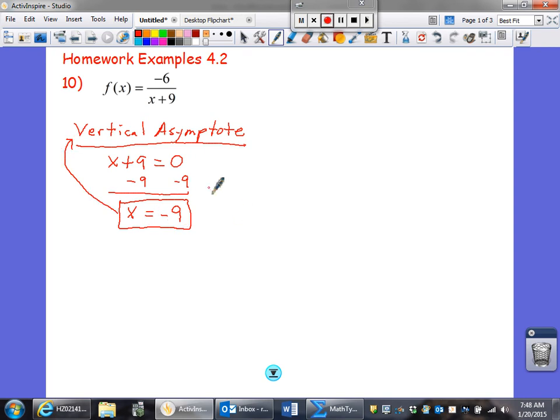X equals -9. If you want to find the horizontal asymptote, there's not quite as much work to do. Takes longer to spell it than it does to actually do the work for it. This one is about you looking at the degrees.